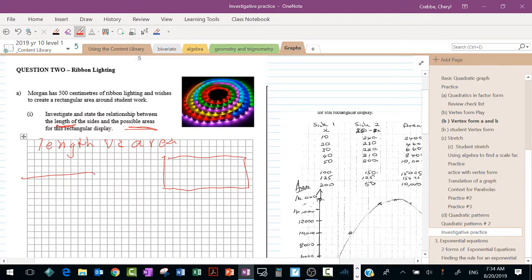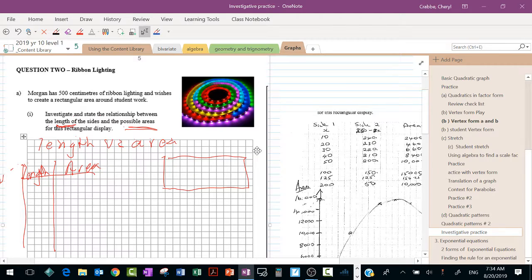So basically, we have length, area. We're also going to have width, obviously, for this. And then we're going to talk about how we're going to start. You always start an investigation with a table of values.